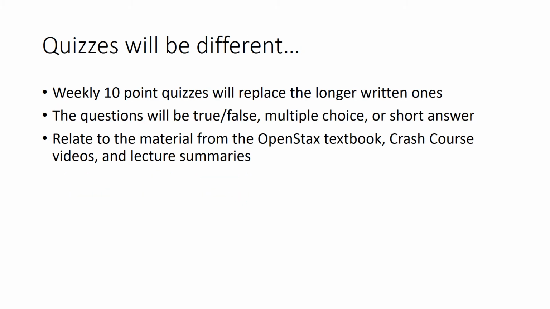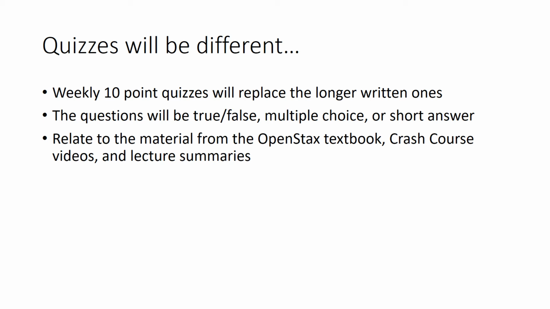One of the biggest changes that we have to make is how we assess what you're learning. First of all, the quizzes will be different from what you saw at the beginning of the semester. Instead of the 30-point quizzes, we will have smaller weekly quizzes to help keep us on track with the material.